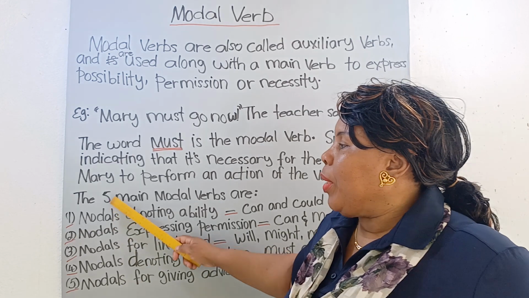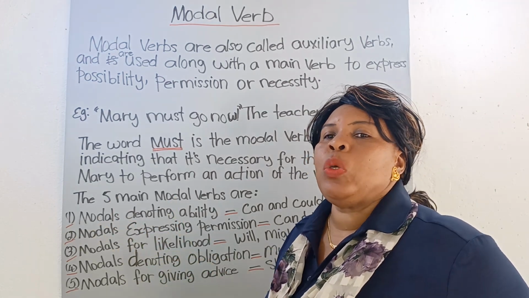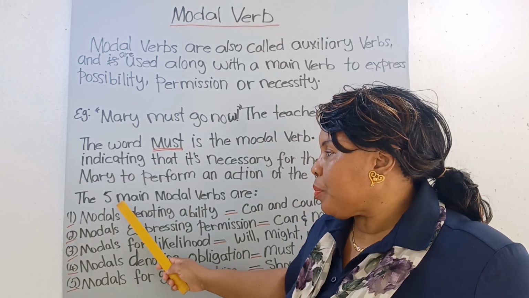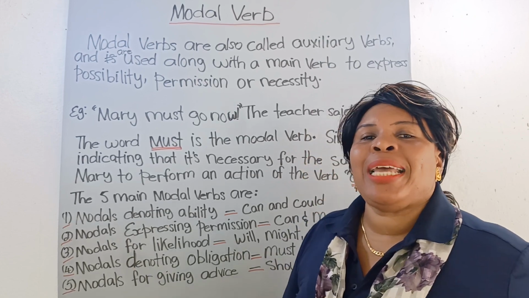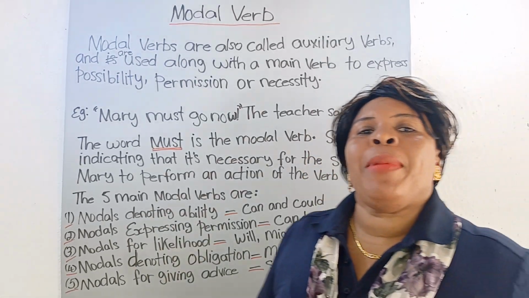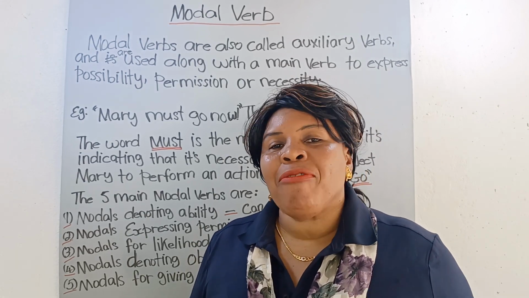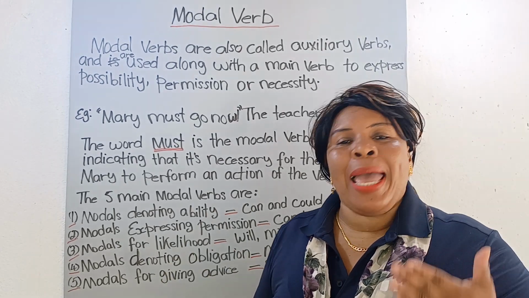So there are 5 main modal verbs that we use in the English language. I've taken the time to research them and have them written out here for you, so you can have them in your notes or for preparing for your exam.